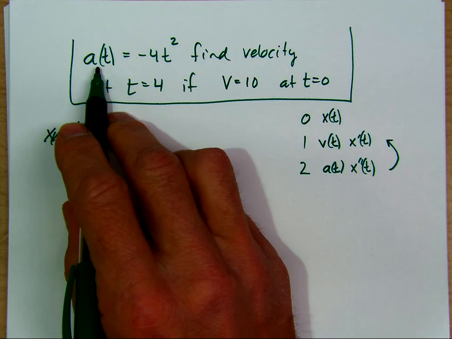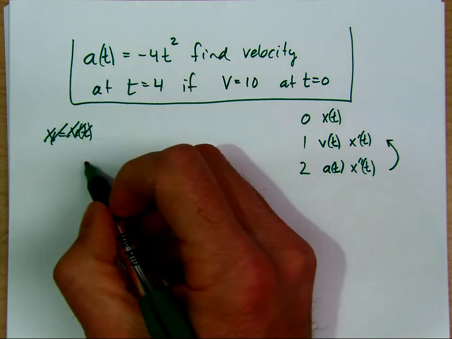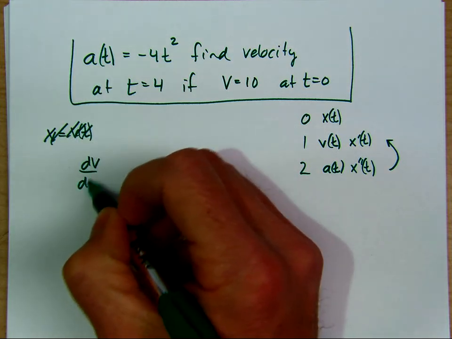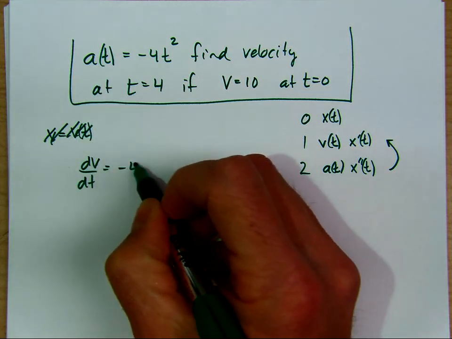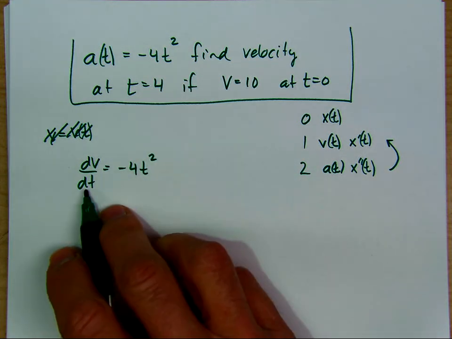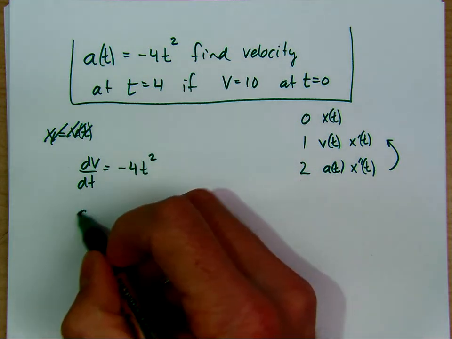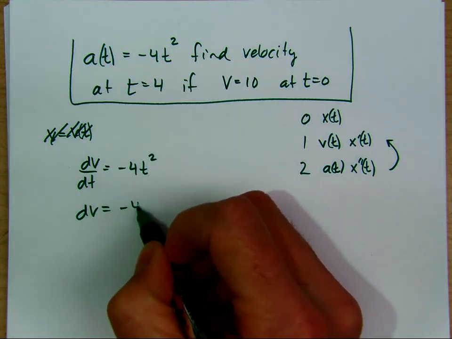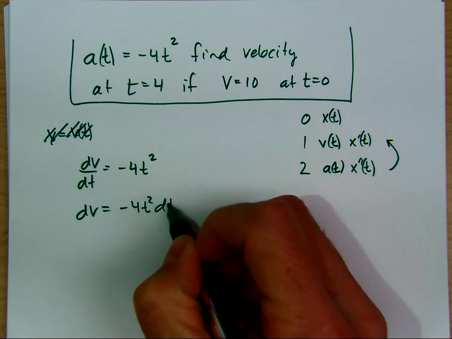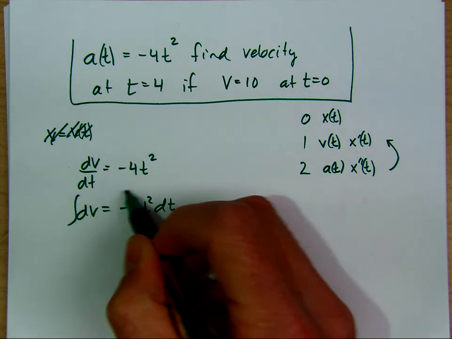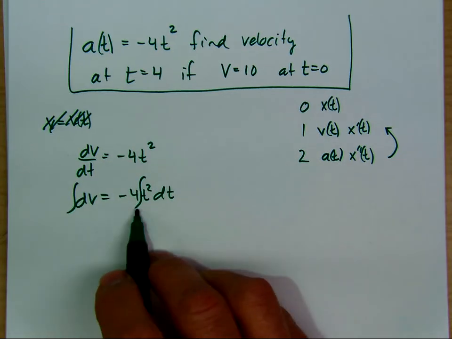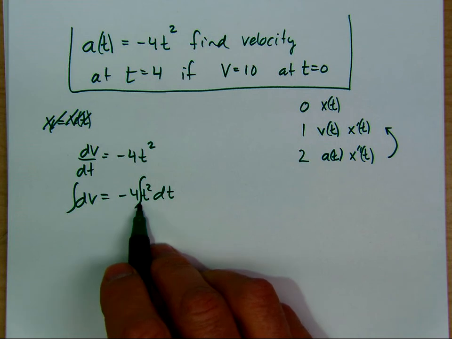Let's say that we want to find velocity. We have the derivative of velocity here. dv dt is, so that notation can vary. Right now it's just allowing us to separate variables. And the integral can be on the outside of the -4, or the -4 can be on the outside. That doesn't matter.